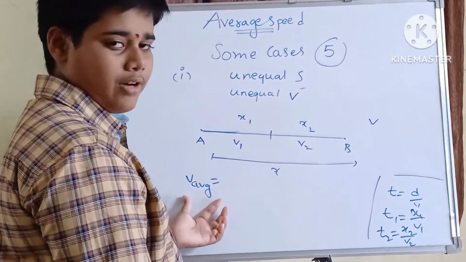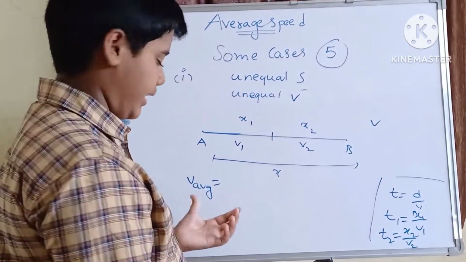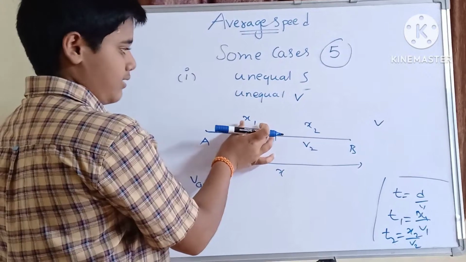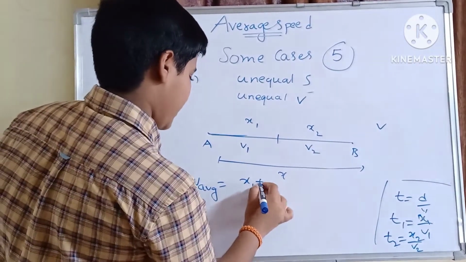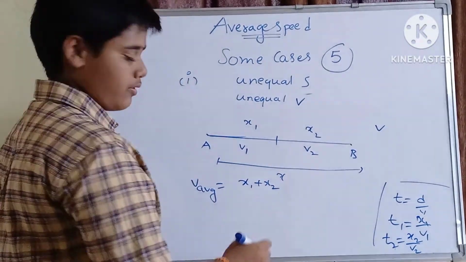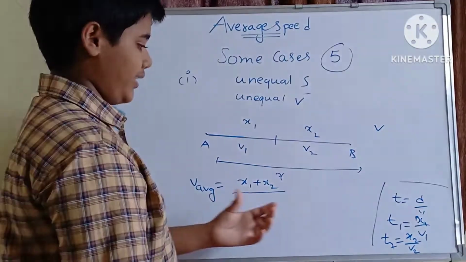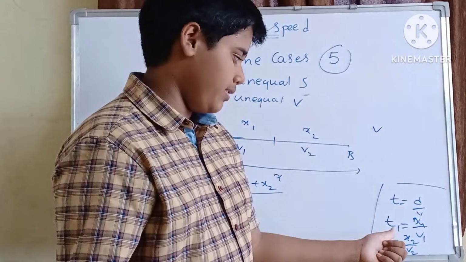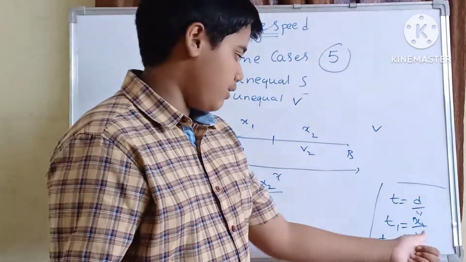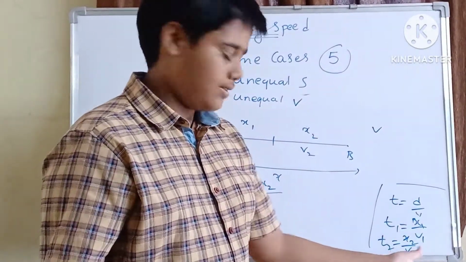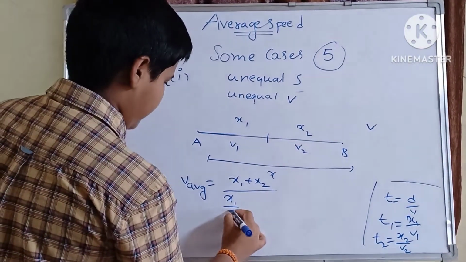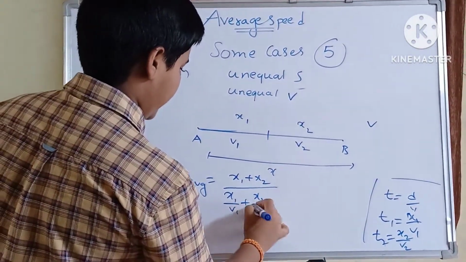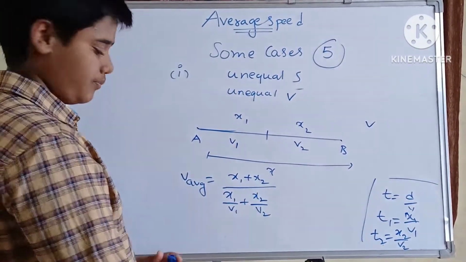What is the average speed formula? Total distance by total time. Here total distance is x1 plus x2, by total time. Total time means t1 plus t2. So here x1 by v1 plus x2 by v2. Okay?